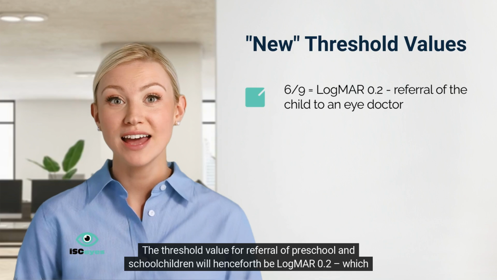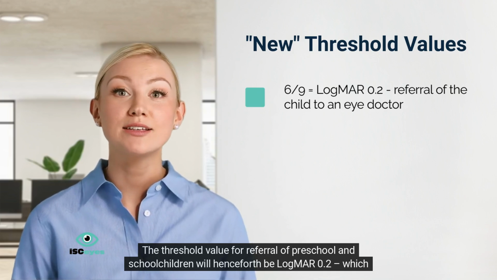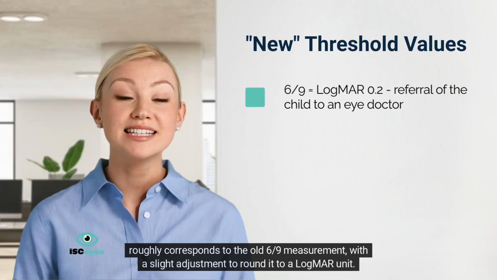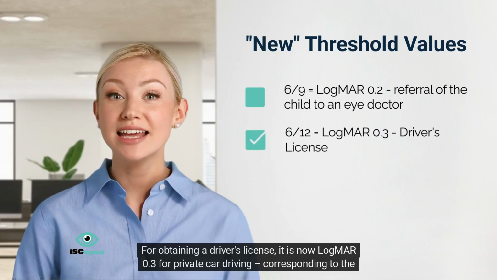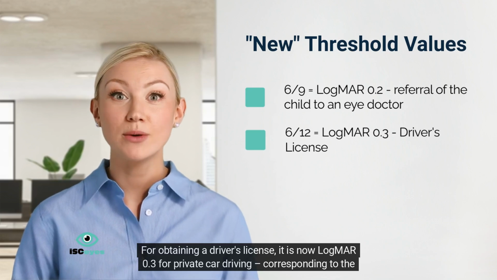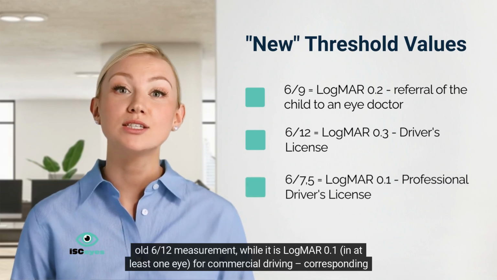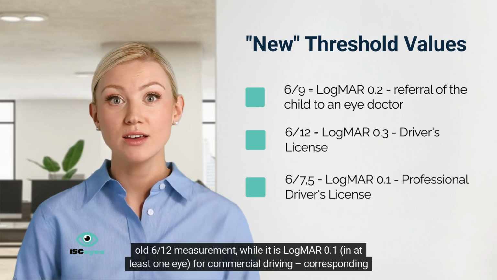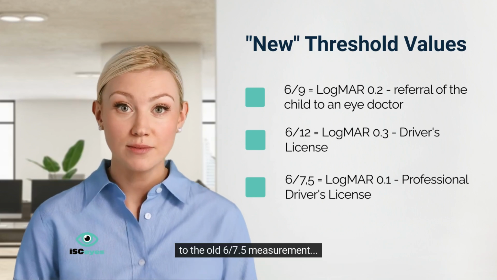The threshold value for referral of preschool and school children will henceforth be LogMAR 0.2, which roughly corresponds to the old 6/9 measurement, with a slight adjustment to round it to a LogMAR unit. For obtaining a driver's license, it is now LogMAR 0.3 for private car driving, corresponding to the old 6/12 measurement, while it is LogMAR 0.1 in at least one eye for commercial driving, corresponding to the old 6/7.5 measurement.